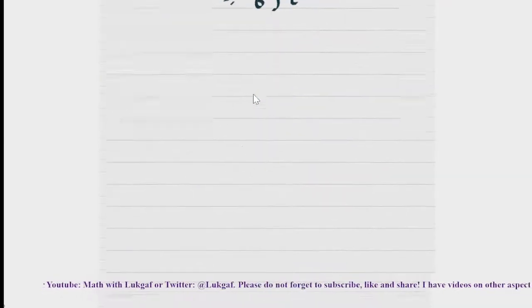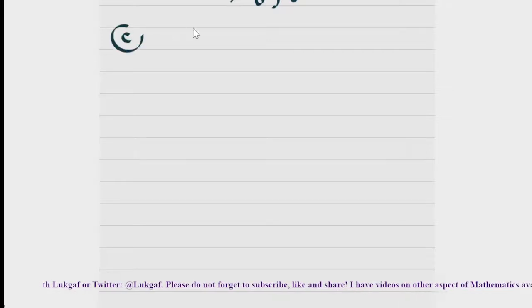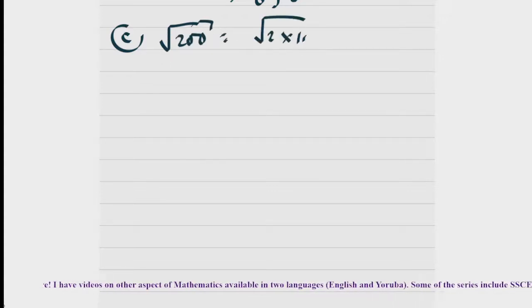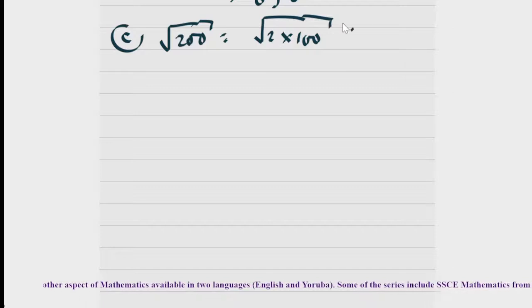So another example is when you have root 200. Root 200 is not difficult to do. I can say this is 2 multiplied by 100. Recall that you have to find two factors of 200 such that one of them is a perfect square. And even if you don't want to take 2 multiplied by 100, you can take 50 times 4, because 4 is also a perfect square.